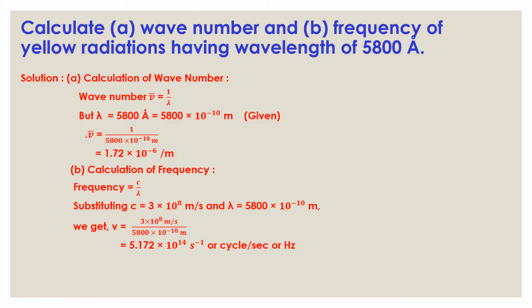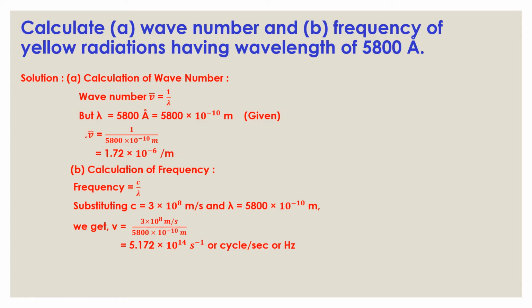Now after calculating wave number, we have to calculate frequency. Applying the same relationship, that is c = ν × λ, here we have to calculate ν. So ν will be equal to c divided by λ. Here c is 3 × 10^8 meter per second, and λ we know.